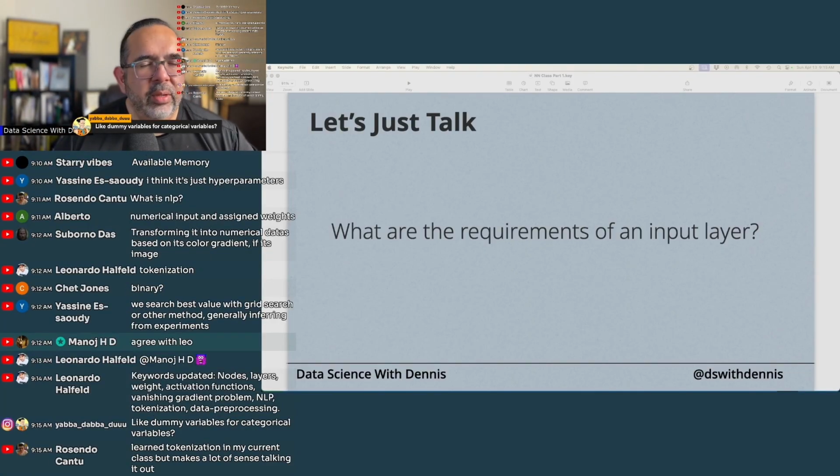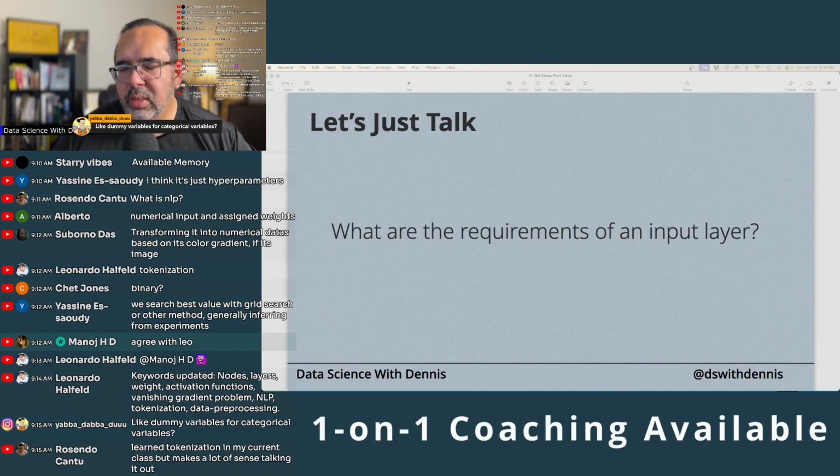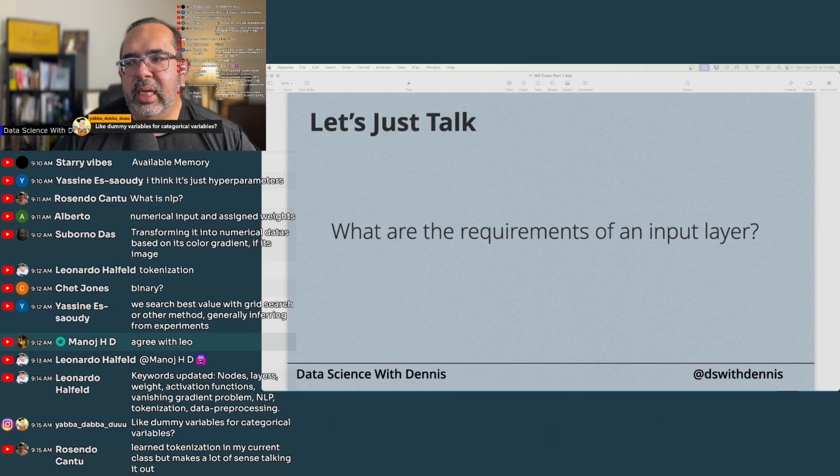In the English language, it's accepted that there's about 20,000 words that are commonly used. So that's about the size of most dictionaries you're going to find out there, 20,000, 30,000 words, something like this. So yes, you're on the right track, but it's just a lot more than what you would use in any sort of categorical variable situation. Okay.